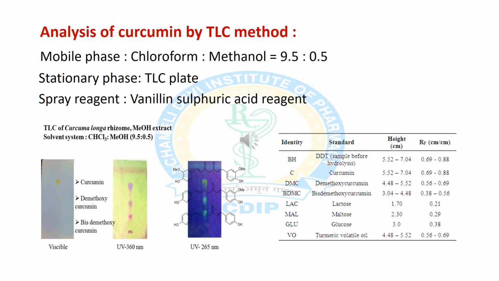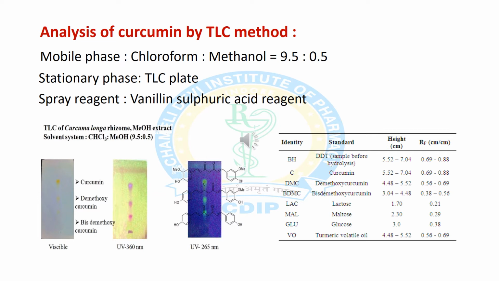Now we will discuss analysis of curcumin by the thin layer chromatography method. Here the mobile phase is chloroform and methanol in the ratio 9.5 to 0.5, the stationary phase is a thin layer chromatography plate consisting of silica gel G, and the spray reagent is vanillin sulfuric acid reagent.